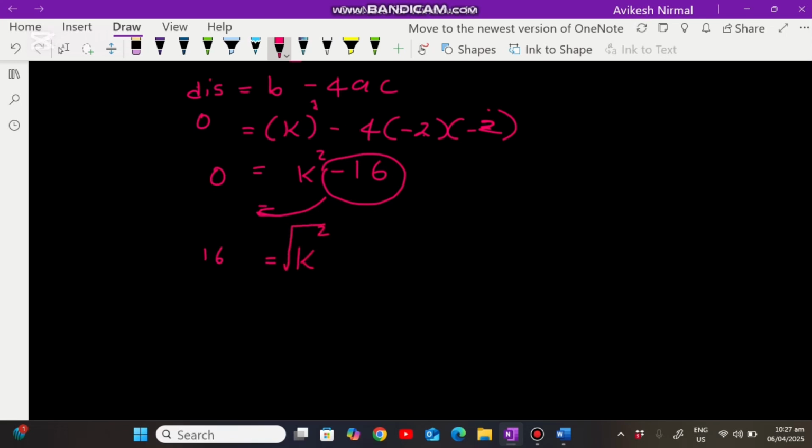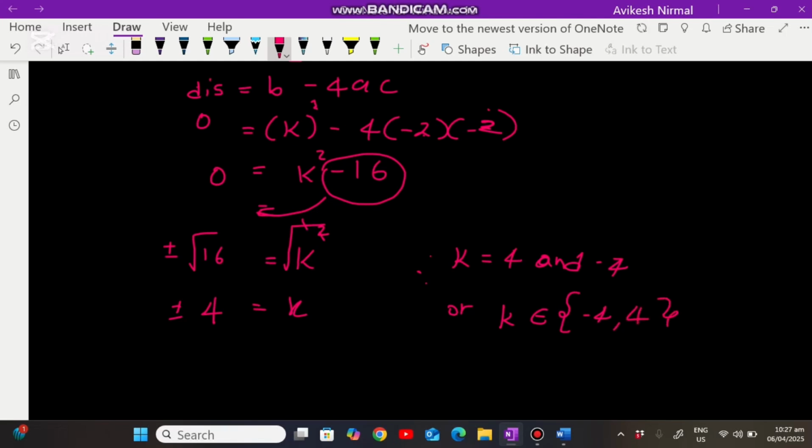Taking the square root to the other side, k is equal to plus and minus 4, because whenever you're taking a square root, remember, you'll have a positive and negative value. So therefore you can say that k is equal to positive 4 and negative 4, or k is an element of negative 4 comma positive 4. It's a professional way of saying it mathematically.